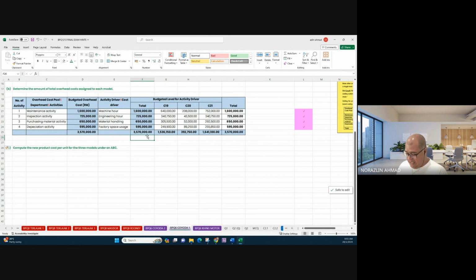You need to calculate the quantity, because they want new product cost per unit.